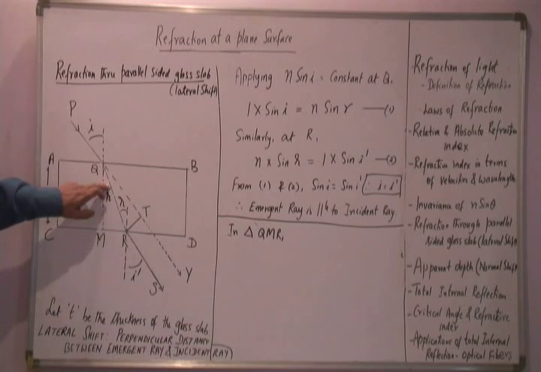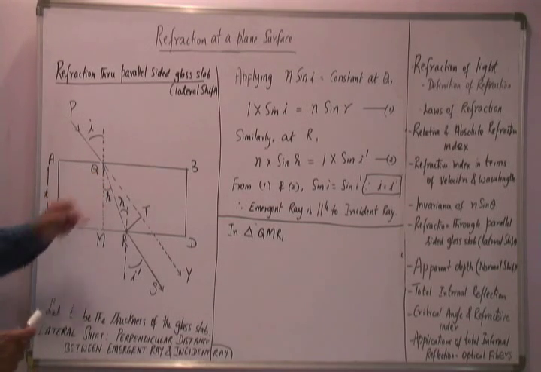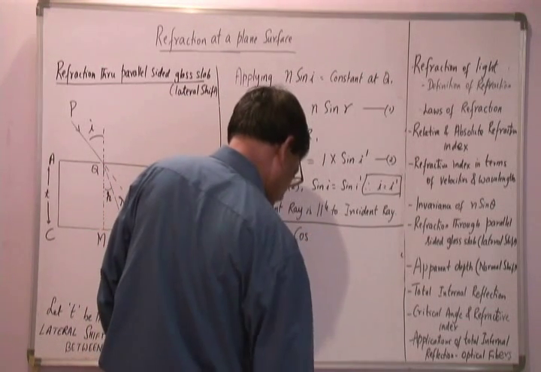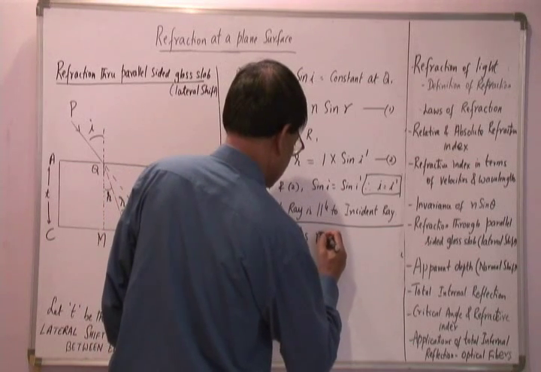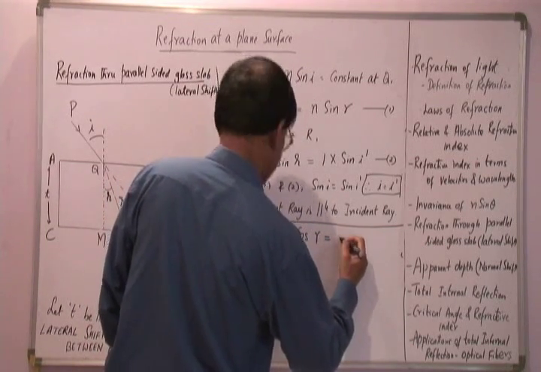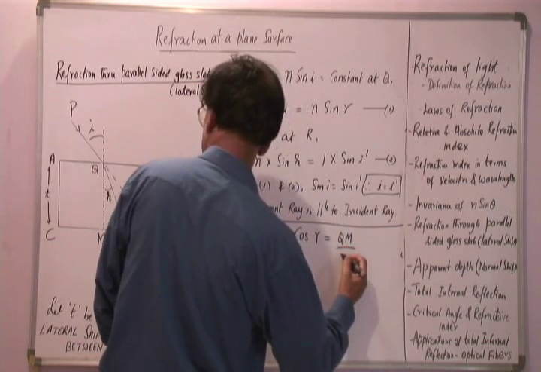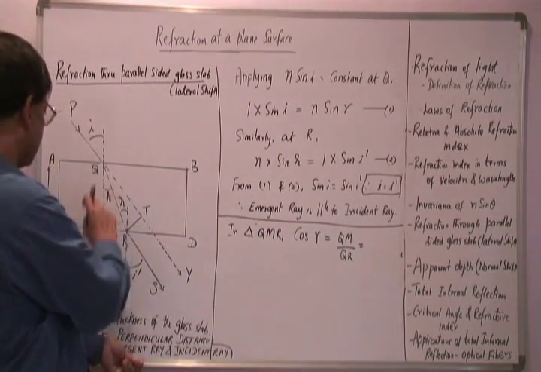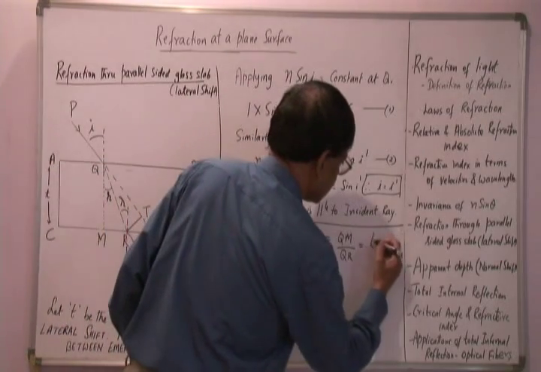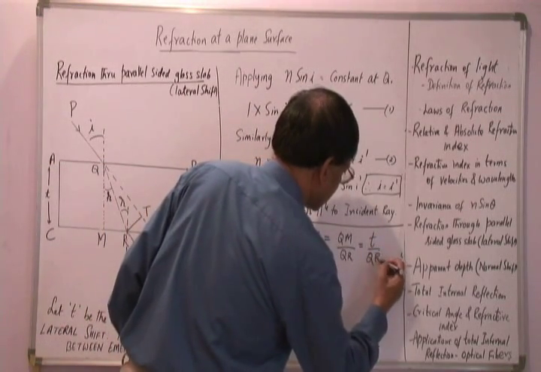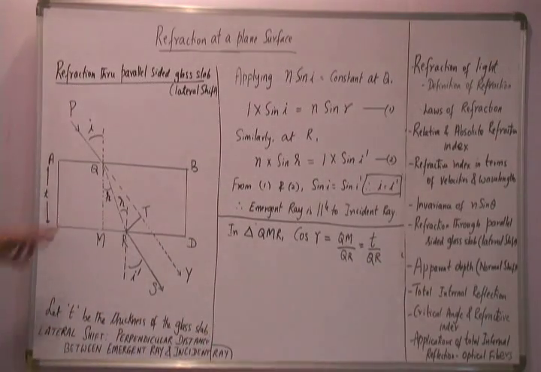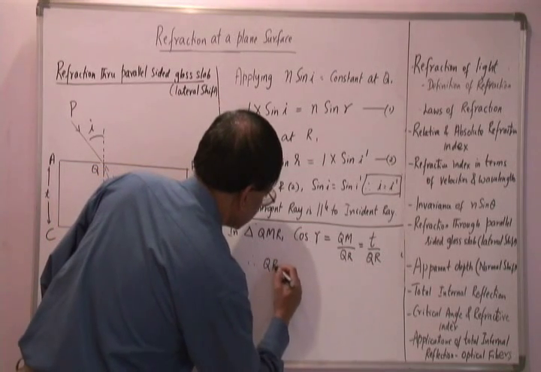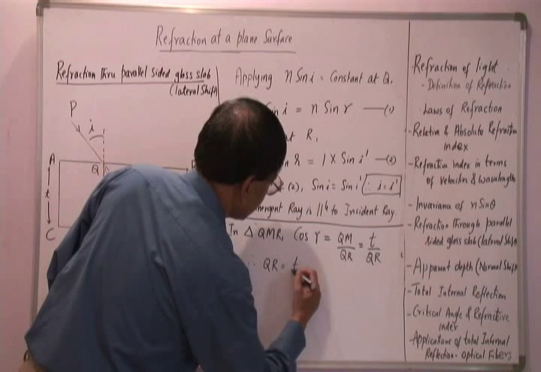Cos of R is the adjacent side divided by the hypotenuse, so cos R equals QM divided by QR, and QM is the same as AC, which is T, the thickness of the slab. Therefore QR is equal to T divided by cos R.